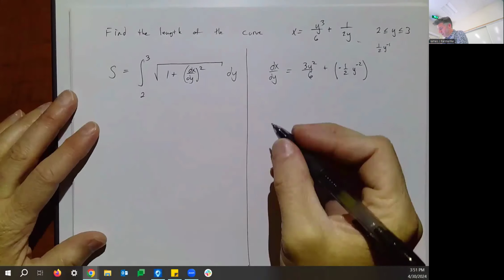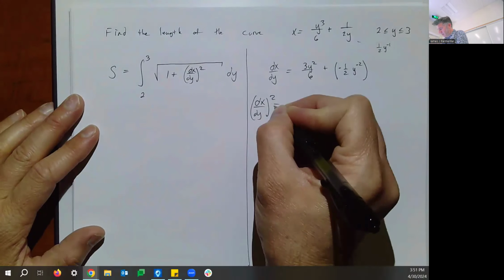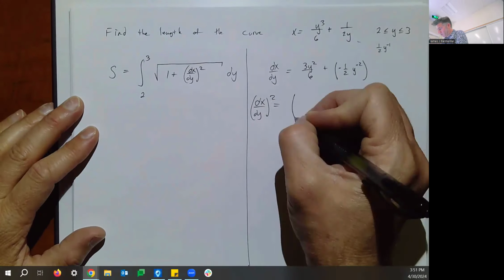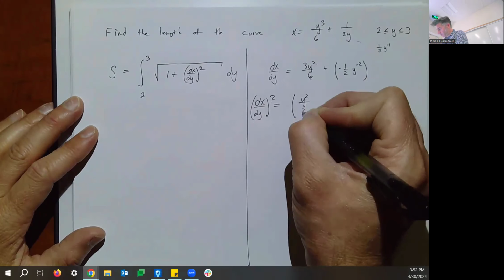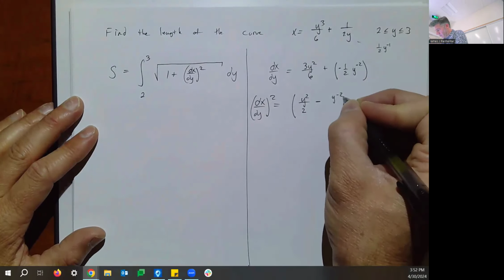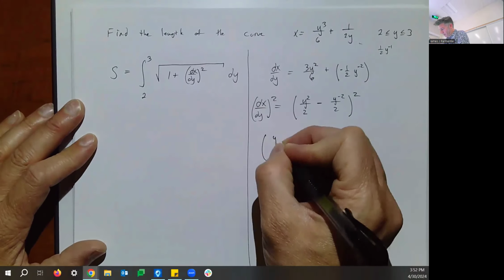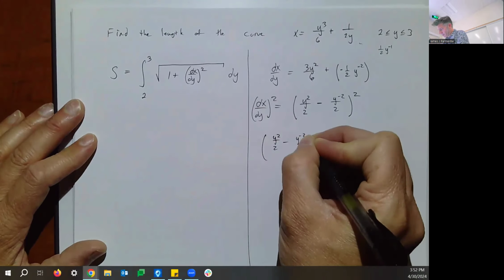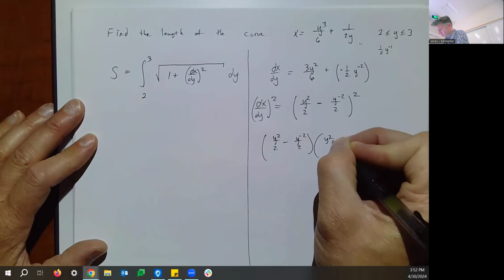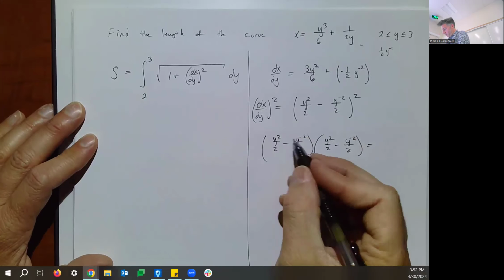So when we square this, dx dy squared, which is going to be, let's simplify this a bit, y squared over 2 minus y to the negative 2 over 2, squared. We actually want to multiply it out. We're going to get y to the 4th over 4.